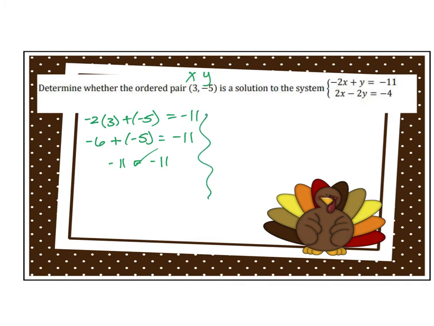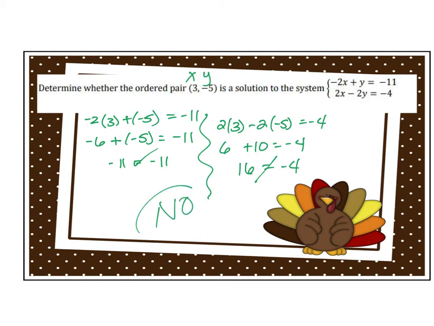Let's check the other. This would be 2 times 3 minus 2 times -5 equals -4. So 6 plus 10 clearly does not equal -4. So this would be a no. This is not a solution.